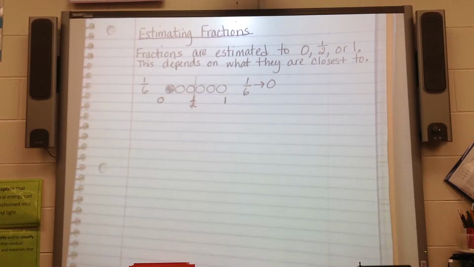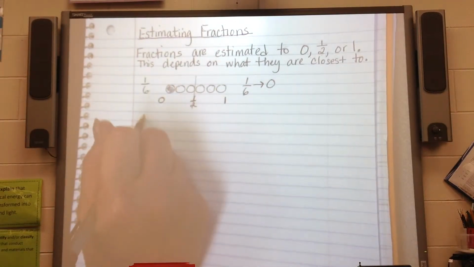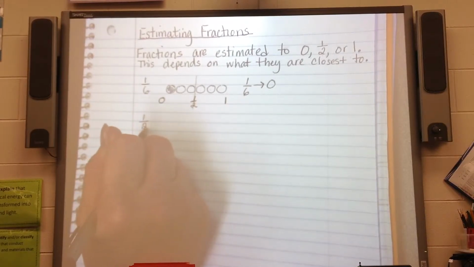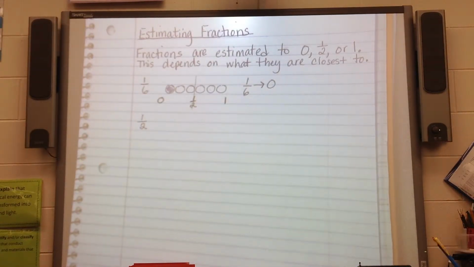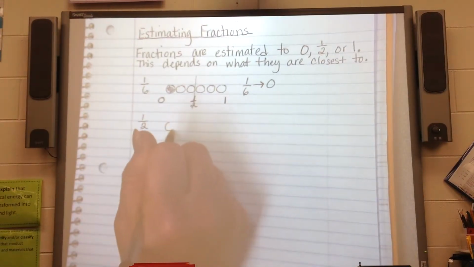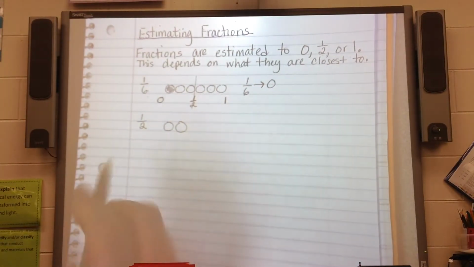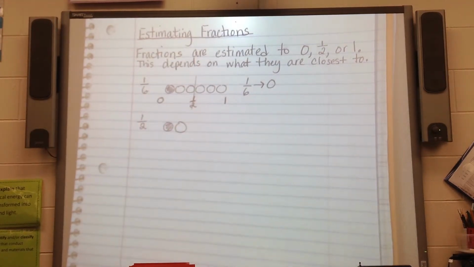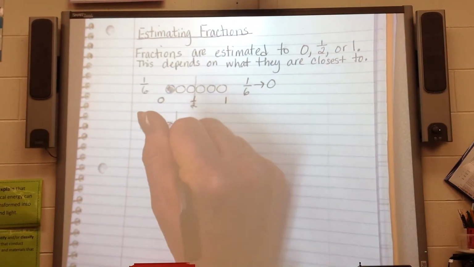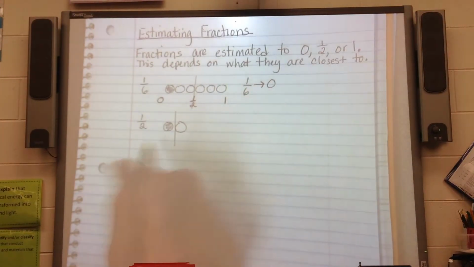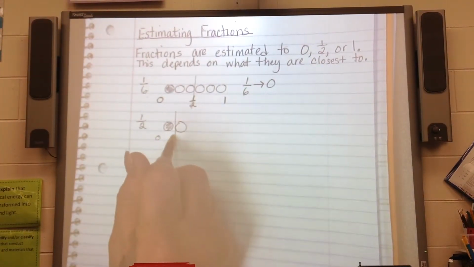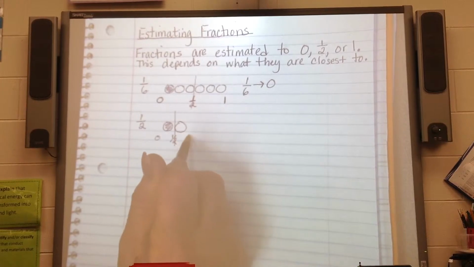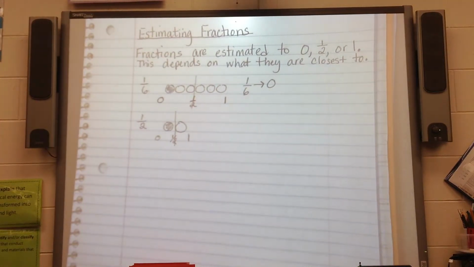There are a couple of exceptions, because if the fraction has a 1 over 2, it's almost like a trick question. Because if I draw 2 circles, 1 out of 2 means I'm going to color in the first one. And if I draw a line to show where the halfway point is, 0 would be here, 1/2 would be in the center, and 1 whole would be over at the right-hand side.